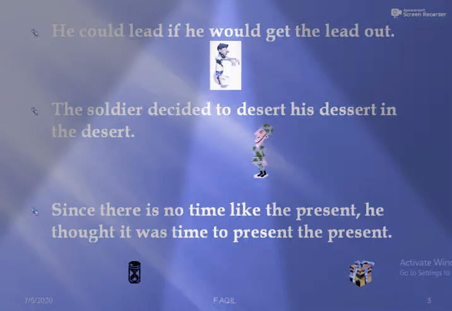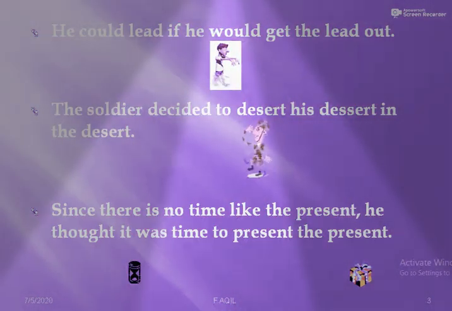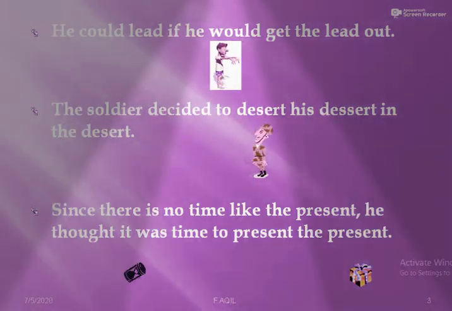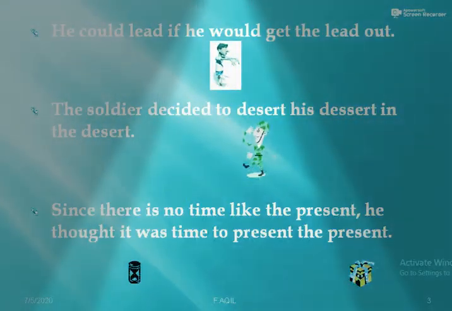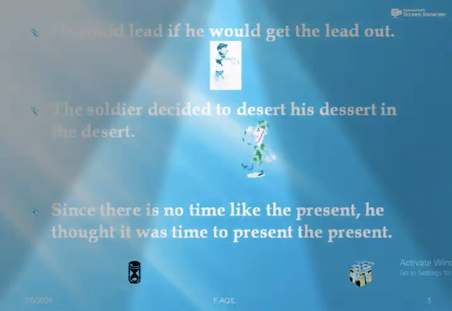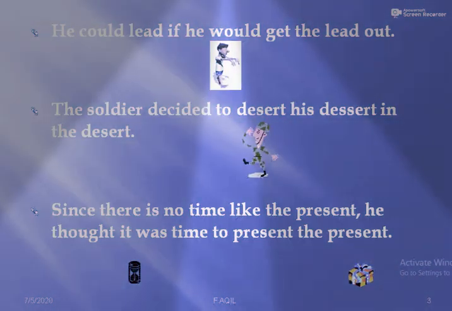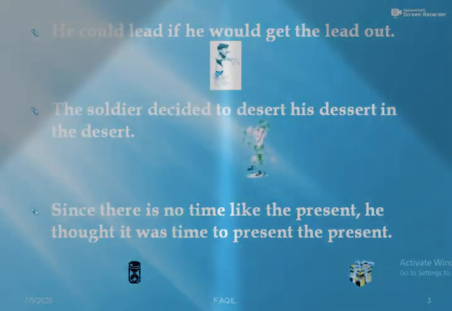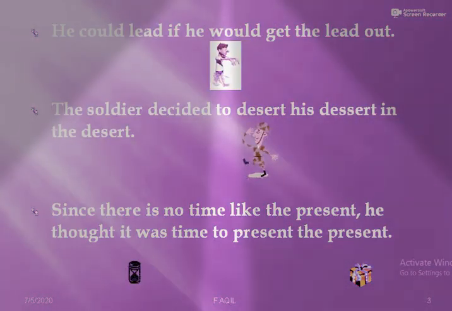Now the next one, since there is no time like the present, he thought it was time to present the present. Now the first present shows time. We know about present tense, that is the ongoing time, presently.